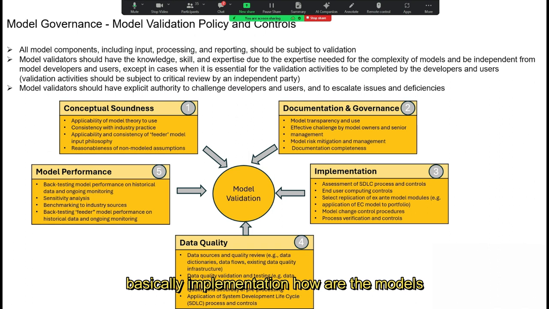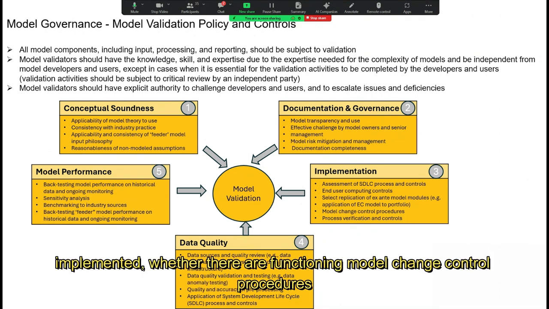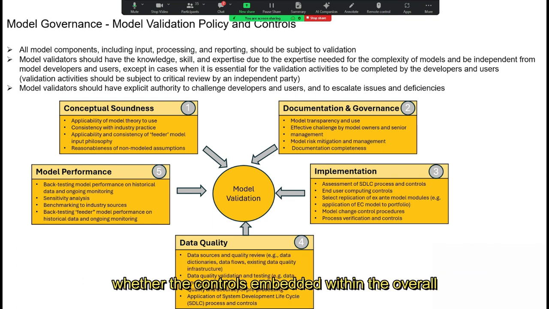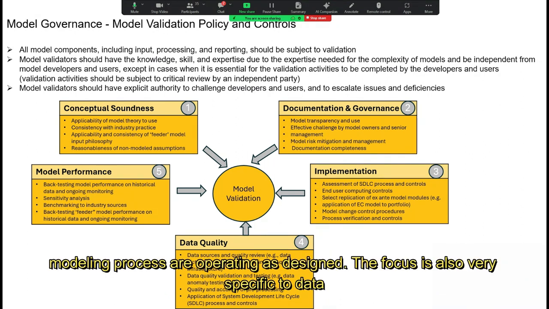Obviously, implementation: how the models are implemented, whether there are functioning model change control procedures, and whether the controls embedded within the overall modeling process are operating as designed.